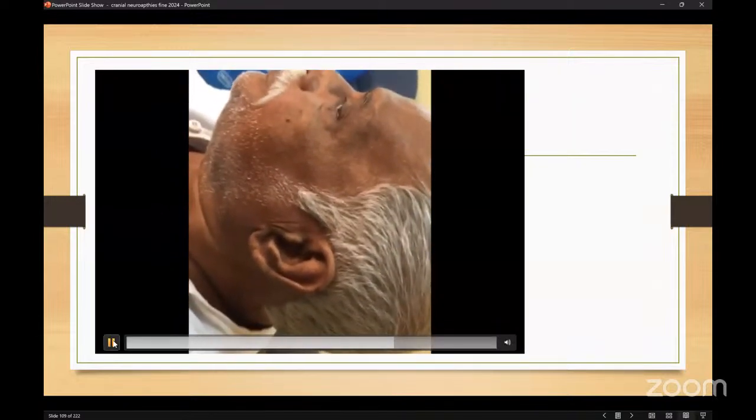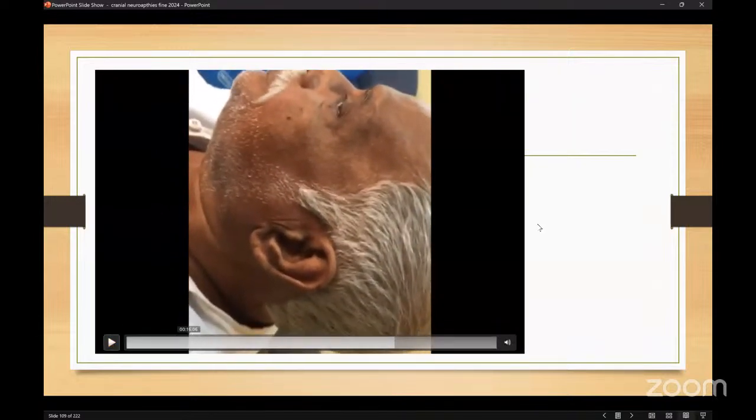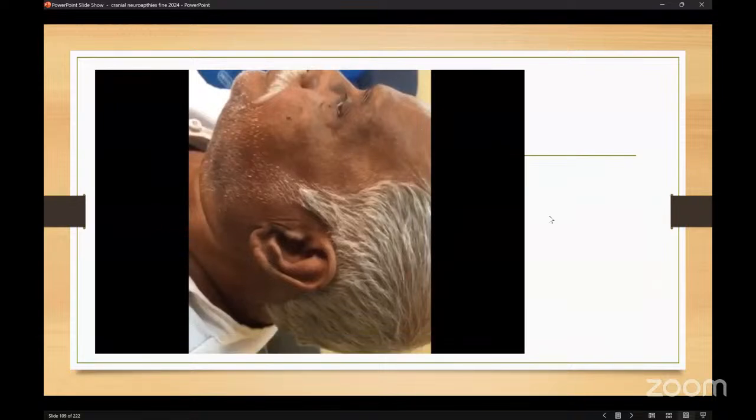So where do you think is the localization for this now? It's not the entire face, so it's not the cisternal segment and it is not the Gasserian ganglion. And there is a motor involvement also, so it's not independent V1 or V2. It is V3 neuropathy.